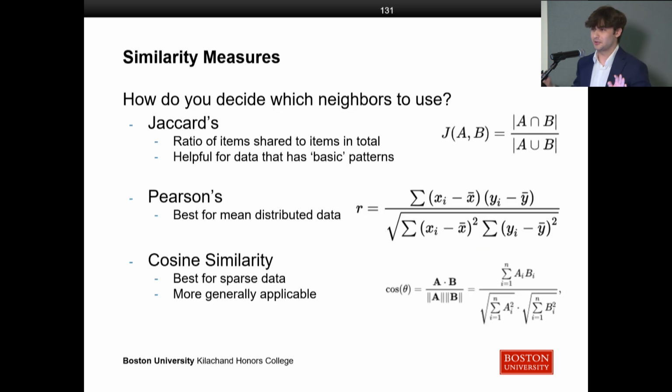Okay, don't get scared. We're going to go through the math. There are 3 types of similarity coefficients, and what these are used for is ranking the neighbors of the active user. Depending on how you calculate these similarity coefficients, your model will produce different recommendations. For example, this first similarity coefficient is called Jaccard's.